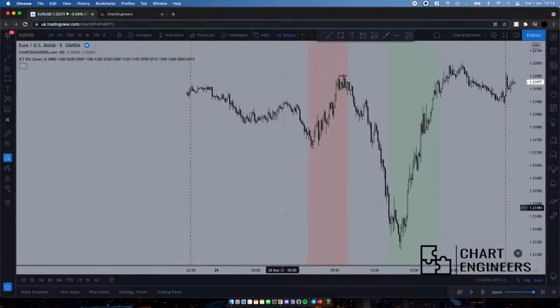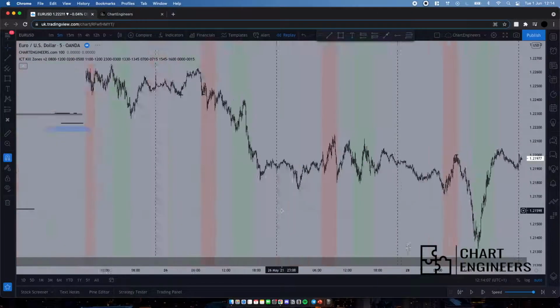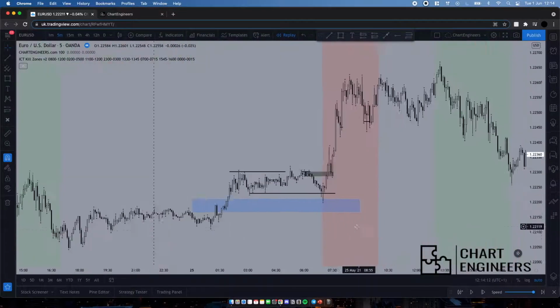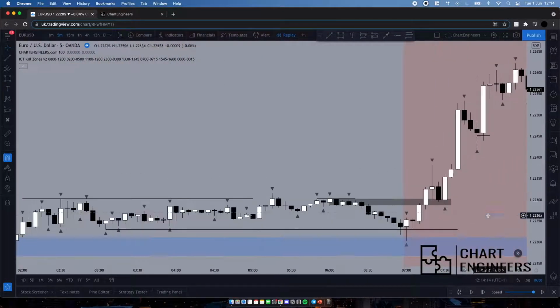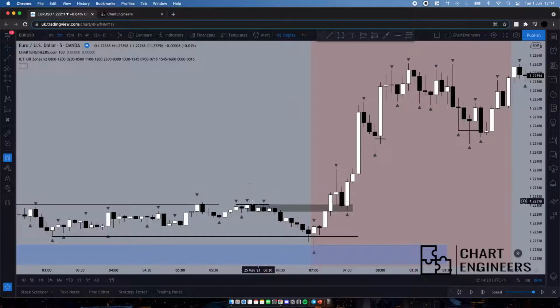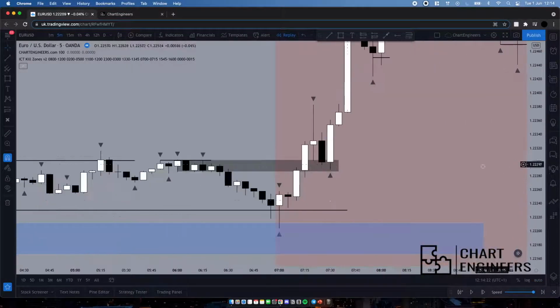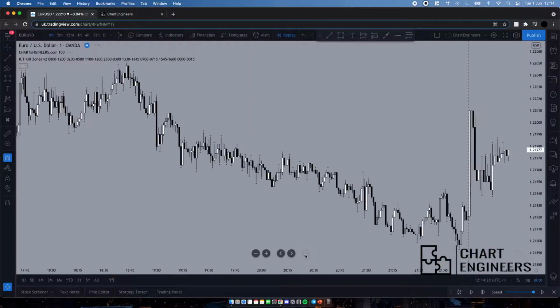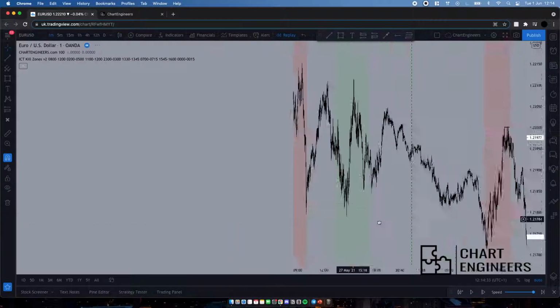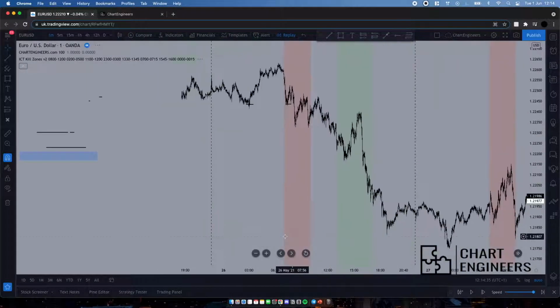So we actually had a setup on the M5. Yeah, so here's a H1 raid, and then we had a M5 raid over here. So M5 raid, go down to your 1 minute time frame to mark out your market structure break and your breaker zone.